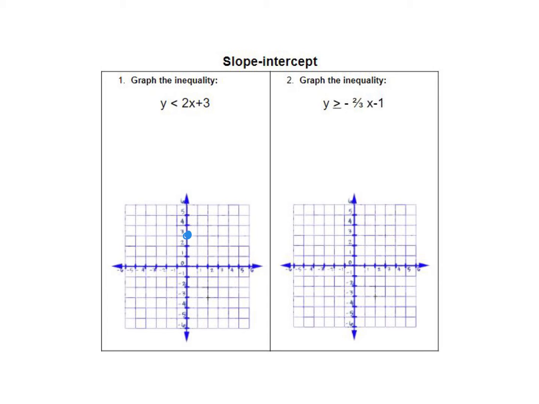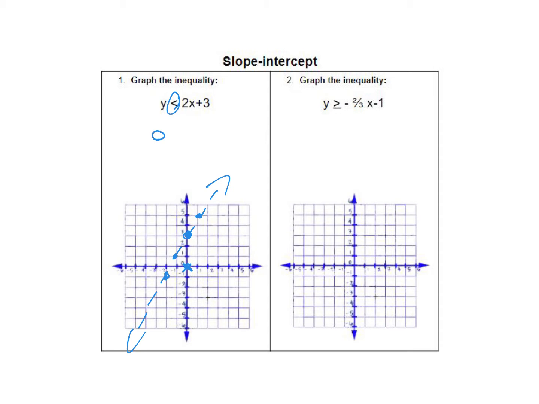Use our slope, up 2 over 1, down 2, back 1, down 2, back 1. And then we need to determine, based off of this, that this is going to be a dashed line. We also need to figure out where to shade. So take that point right there, 0, 0. And that's going to be our test point.